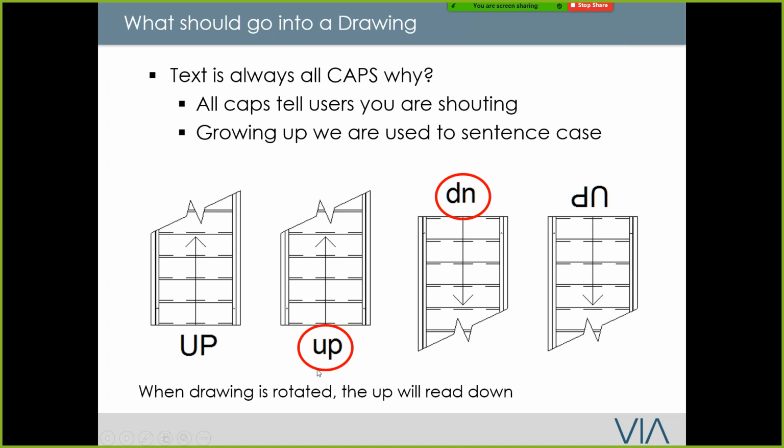I've seen some drawings where people use sentence case. Just keep in mind there's a reason why we use caps because of this mistake. If someone reads this stair wrong, that's going to be a big problem. You're going to get into more litigation. So just keep in mind why everything has to be in caps. Here's the reason why.